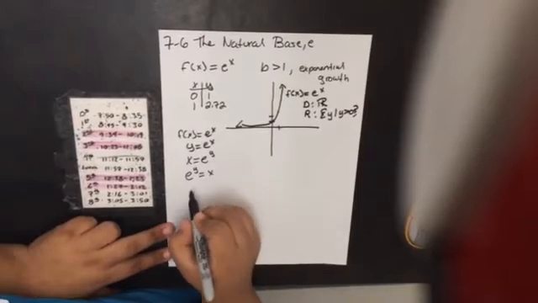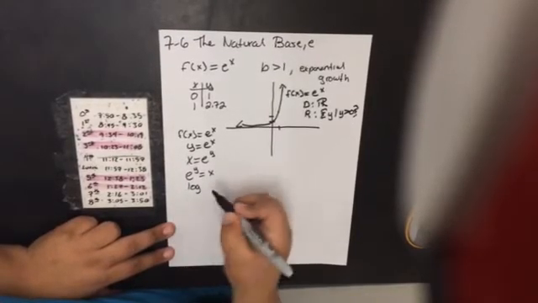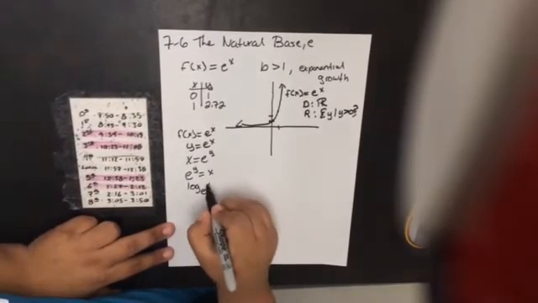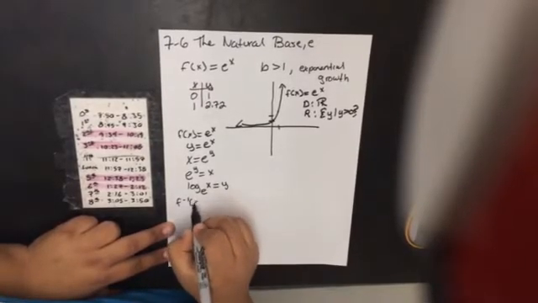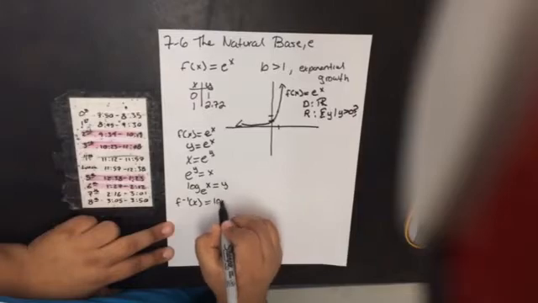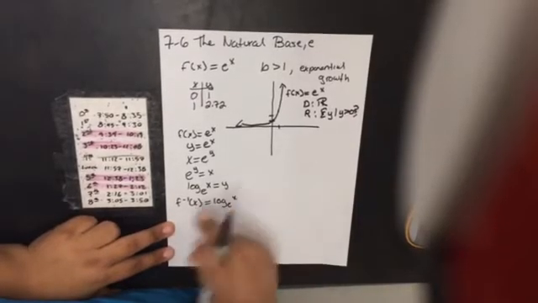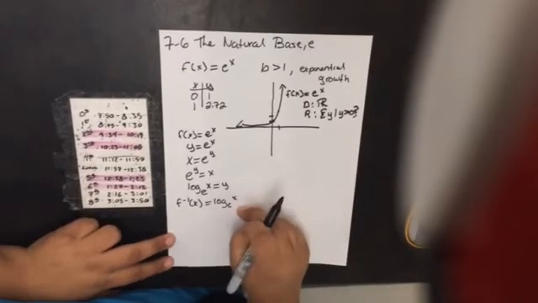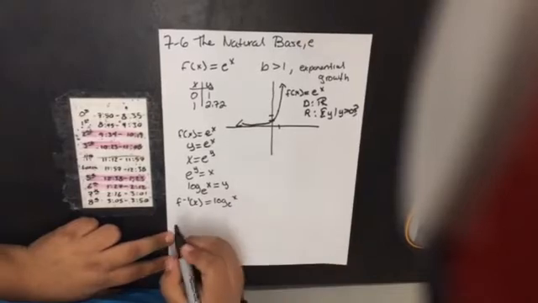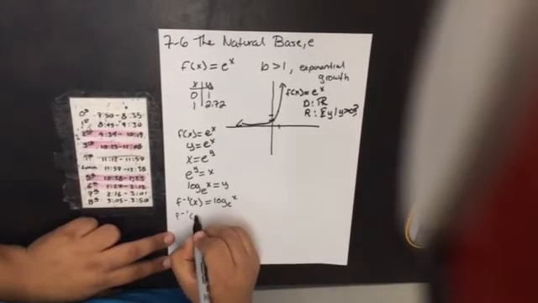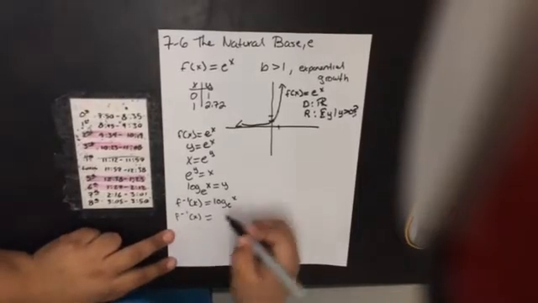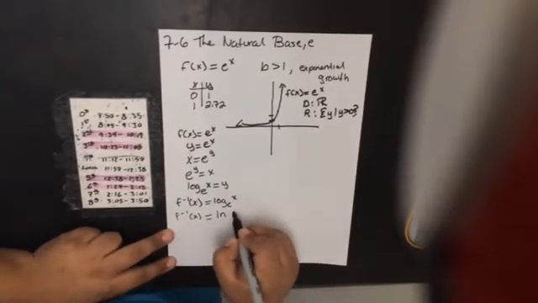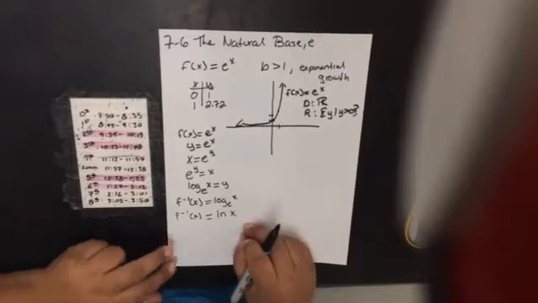So we can write it as log base e of x equals y. Well, when a log has a base e, it's just the natural log. So we can rewrite it as the natural log of x, and that would be your inverse.